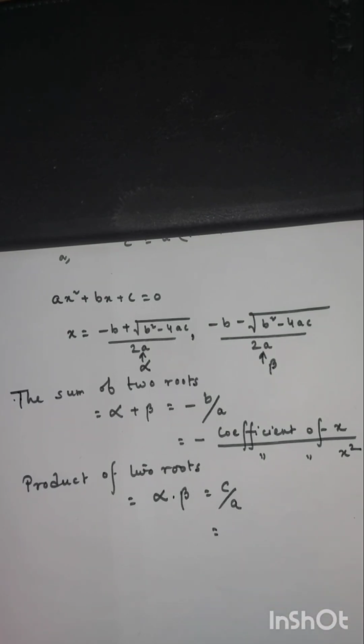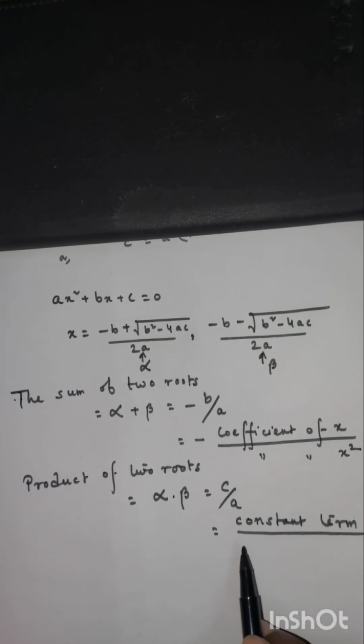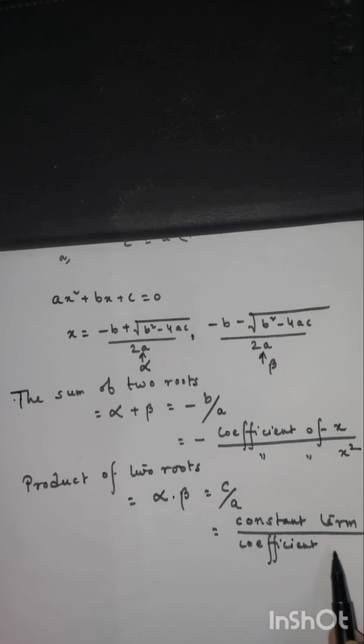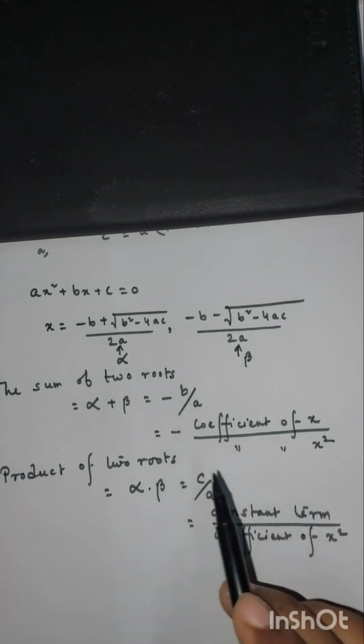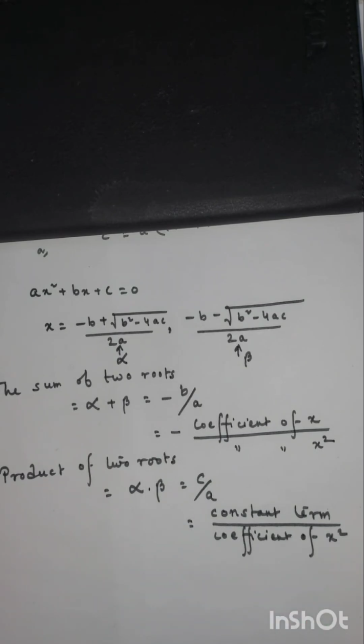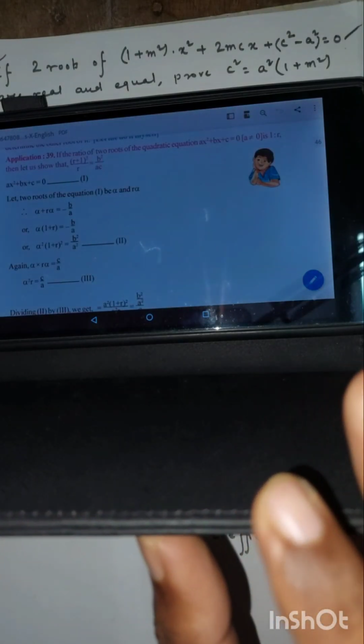That means constant term by coefficient of x square. So we need to remember these two things. Now let us do application 39.